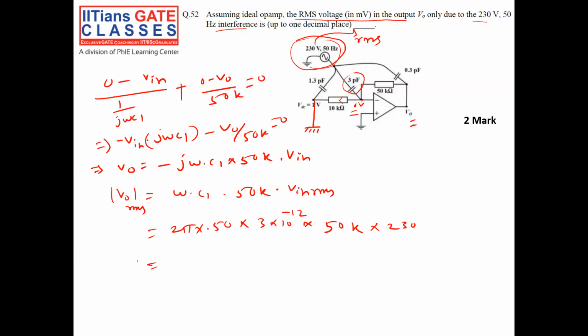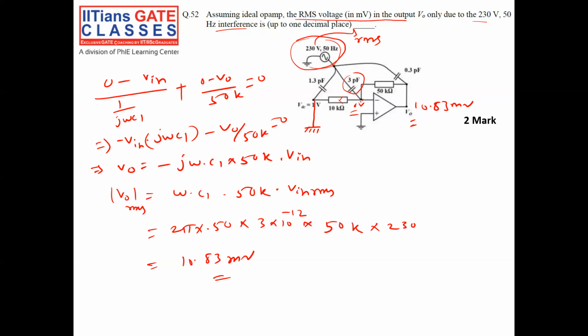So calculating 2 into pi into 50 into 3 into 10 power of minus 12 into 50k into 230, I am getting 10.83 millivolt. So the output RMS will be 10.83 millivolt. It is a very easy question.